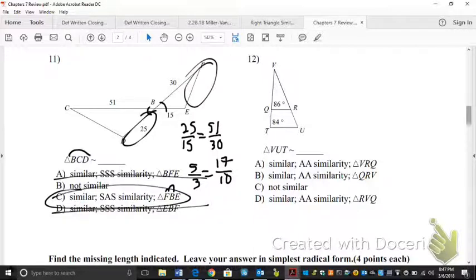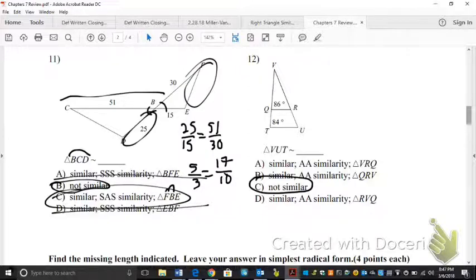In order to actually set up similarity with side angle side, we need to be including the two sides which form the angle. Now BCD, so we would need here, here. Now if I were to flip that around, so this is no, but I'm just showing you that it doesn't work and kind of why it doesn't work. Okay, moving on.